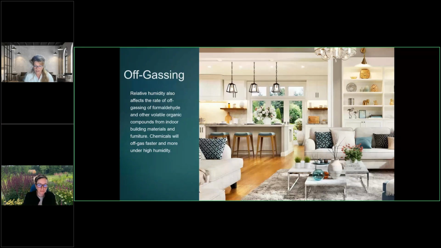And one of the reasons is because they didn't have the high humidity levels for long enough for it to off gas and cause the issues. But yes, chemicals are going to come from the materials in the home at higher rates with higher humidity.